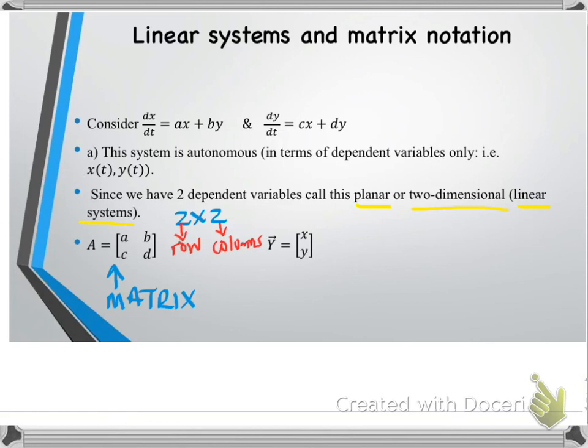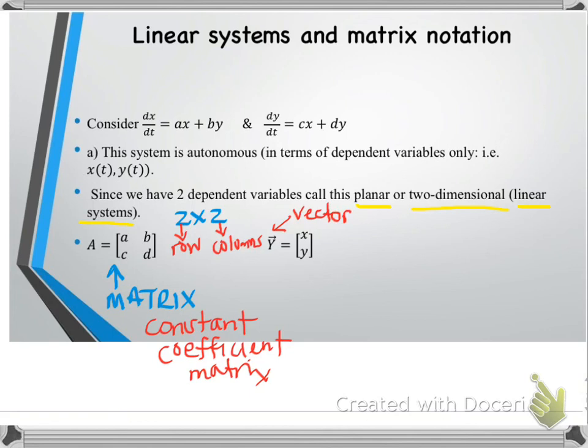So we call this the constant coefficient matrix. And Y over here, and this arrow on top of the Y represents a vector. Your book just bolds the letter to represent a vector, so I'm going to use arrows to represent a vector.